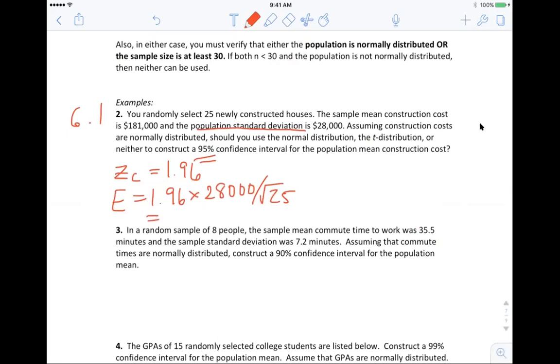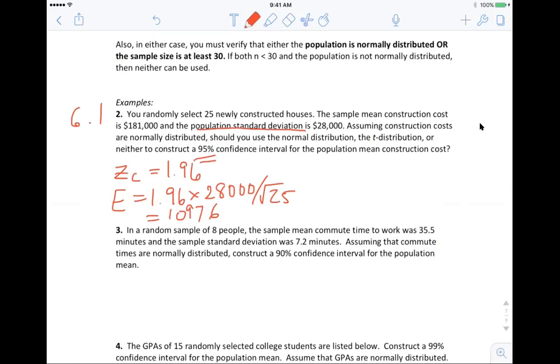That's equal to that. That's kind of bad. 10,976. There, that's what I meant to write.